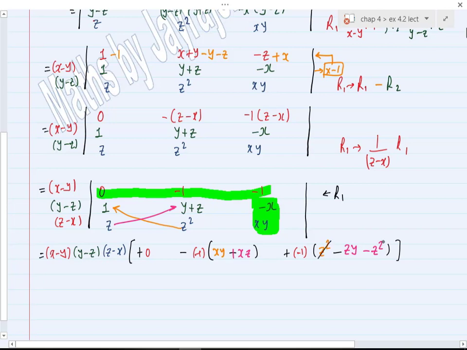So here z square will cancel out. These three quantities will be as it is, and here we'll get xy plus xz plus zy. Ta-da! Which is your required right hand side.